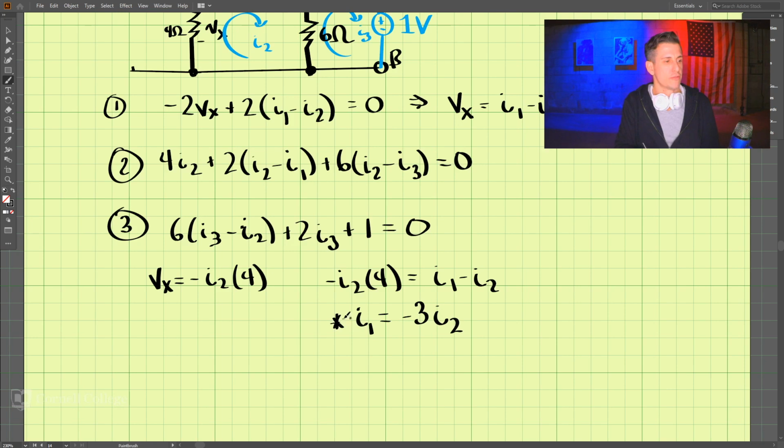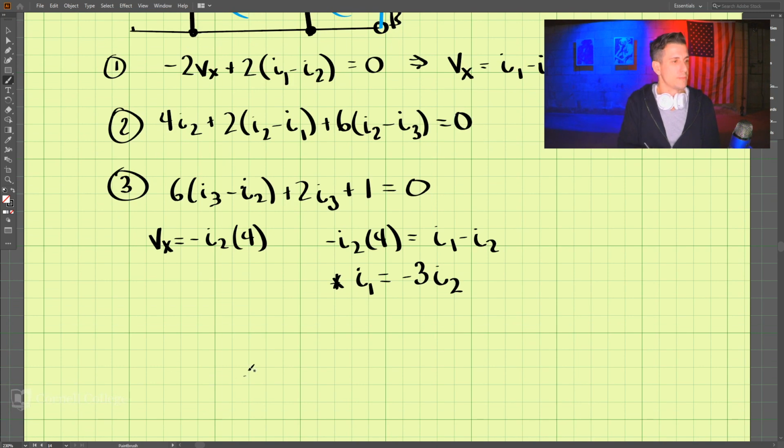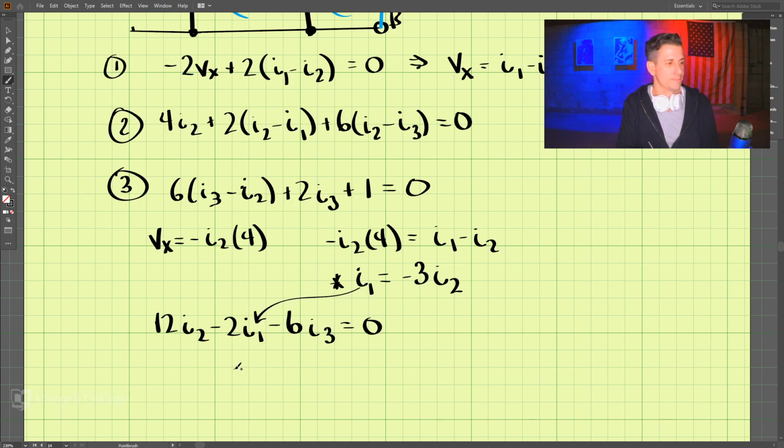Okay, and we can use this result and put it into this equation here. So let's first expand this equation. We have 4 plus 2, which is 6, plus another 6. That's 12 I2 minus 2I1 minus 6I3 equals 0. And we can sub in for I1 here. We'll put this value right in there.